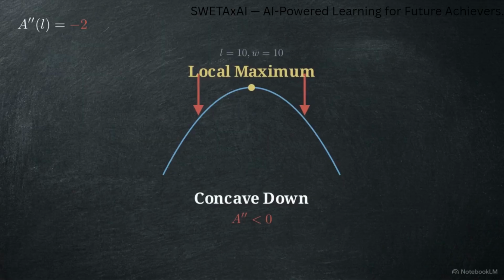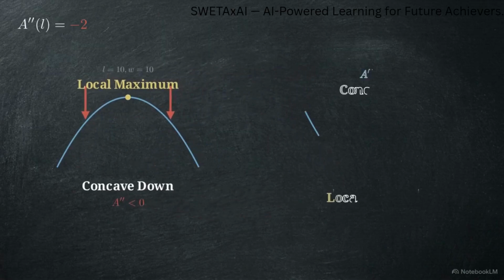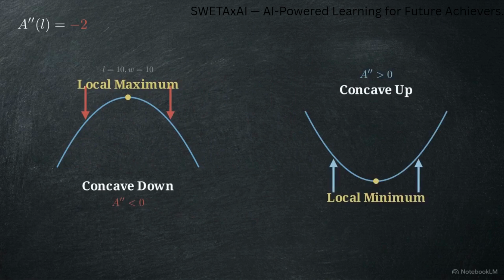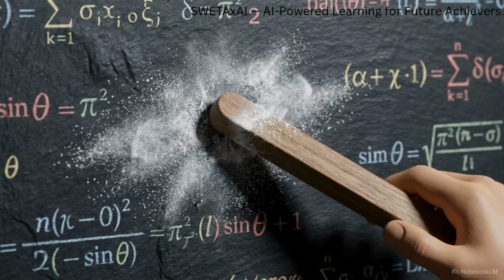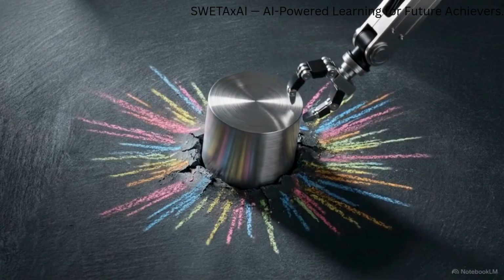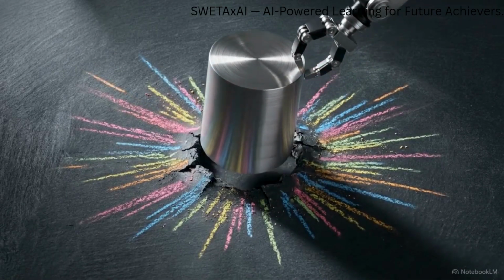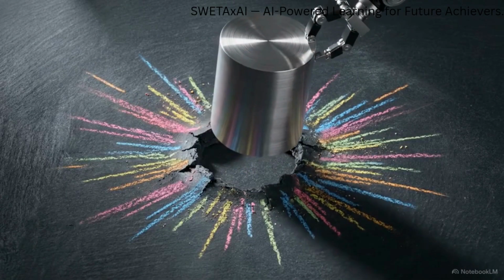Conversely, if the second derivative results in a positive value, the curve is concave up, verifying that the point is a local minimum. Relying exclusively on the first derivative is a recognized failure point in high-level mathematics. Concavity verification is non-negotiable.